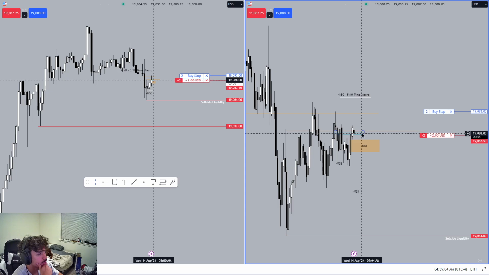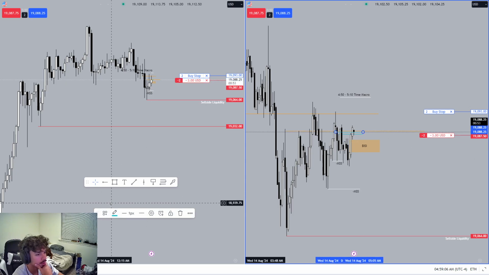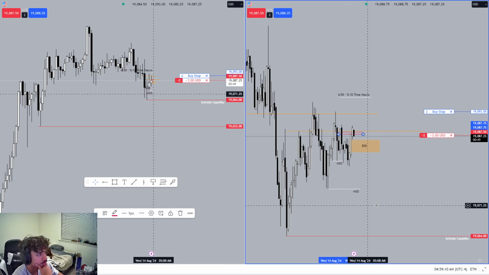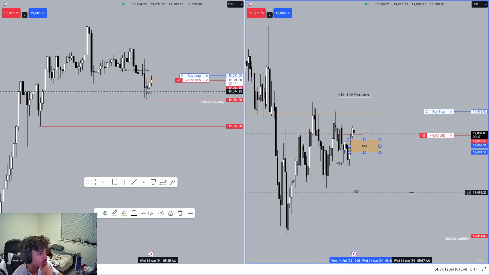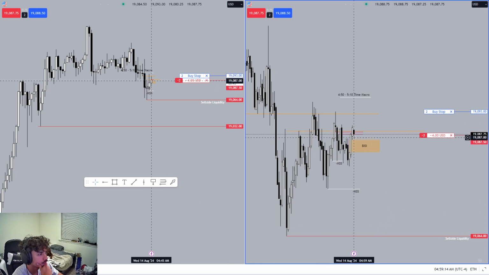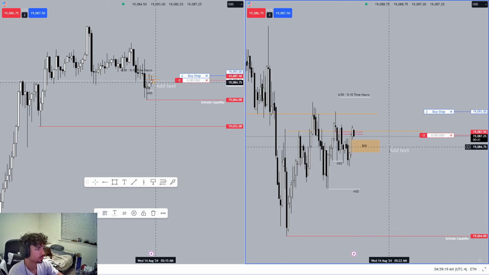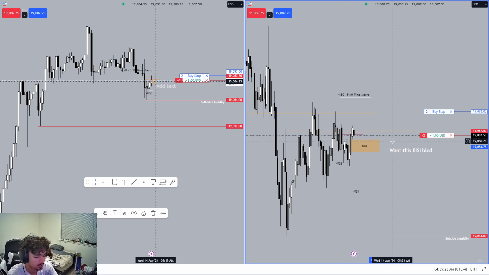Let's see if we respect this inversion fair value gap now, or if we want to touch this busy. I want to see this busy shot through if we get into it. Let's just say cut through.